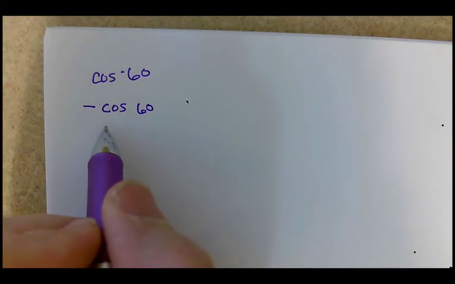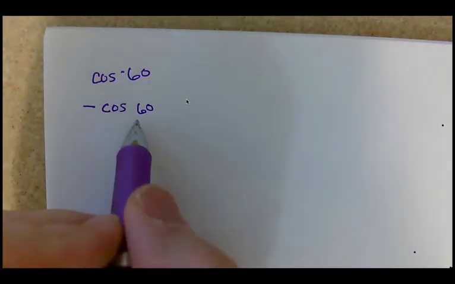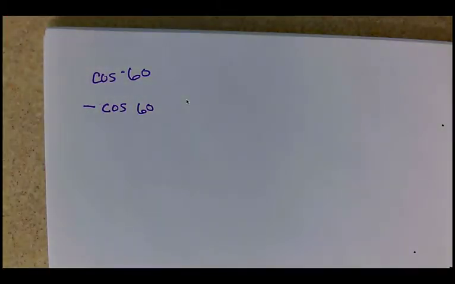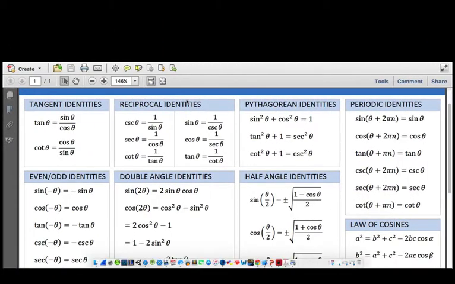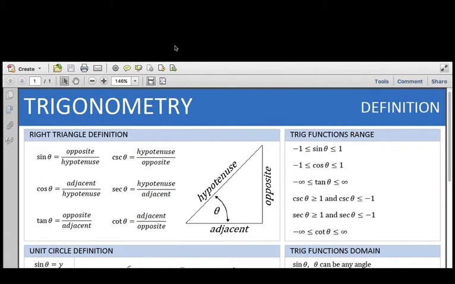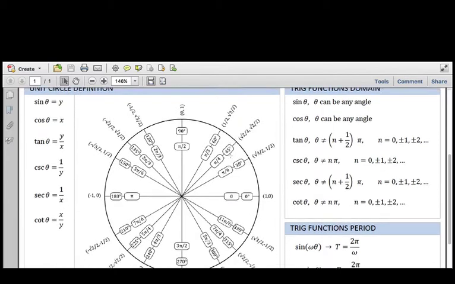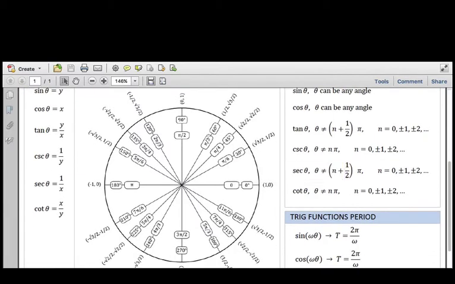If I look on my chart, cosine of 60 degrees is what? Come down here. 60 degrees, cosine, 1/2.